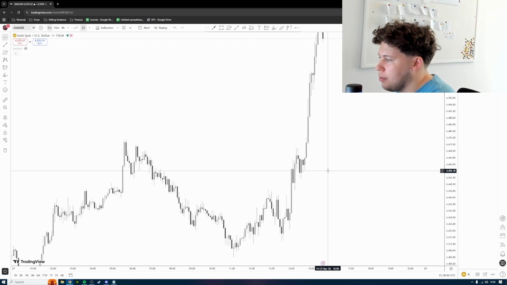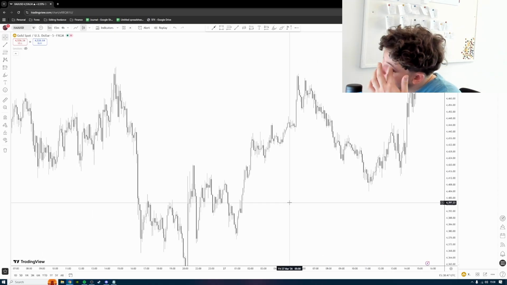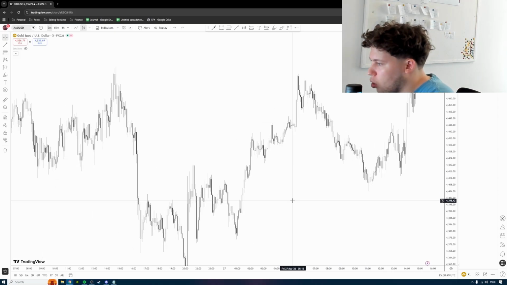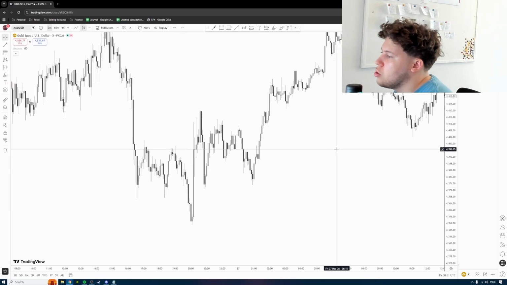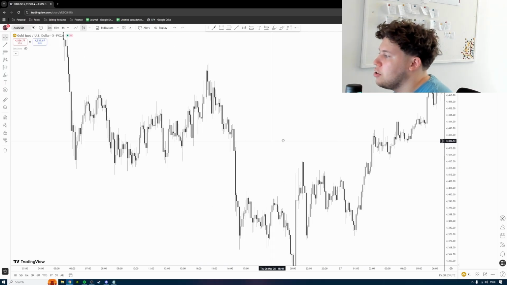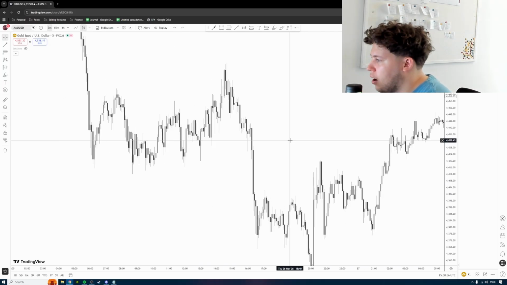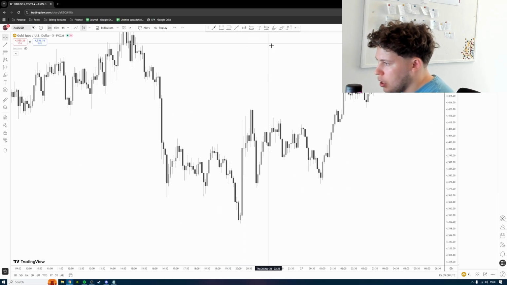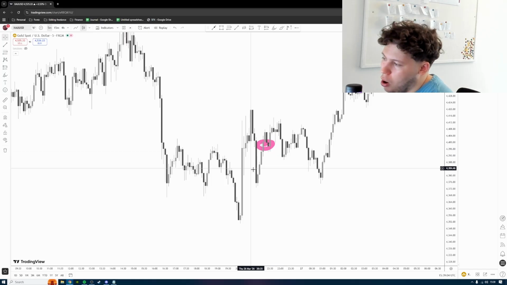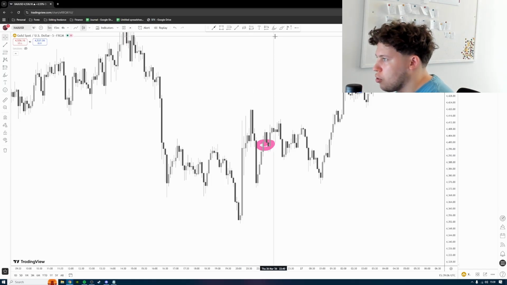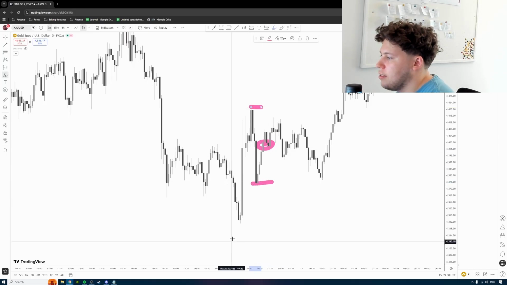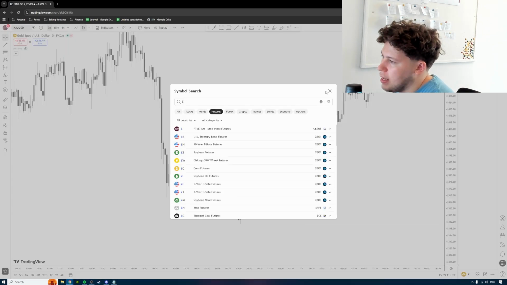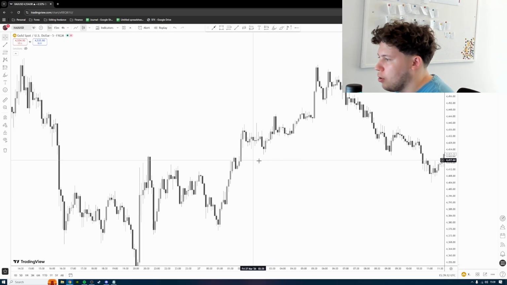And what does it do? Absolutely fly. Now, as I said, it is not something you should only use. You should use it in confluence, and you need to be making sure you're using the right highs and lows. You do not want to be using random lows like this. Obviously, that's not going to hold as strong as true lows and highs like this, and this. But it all just depends on your strategy.